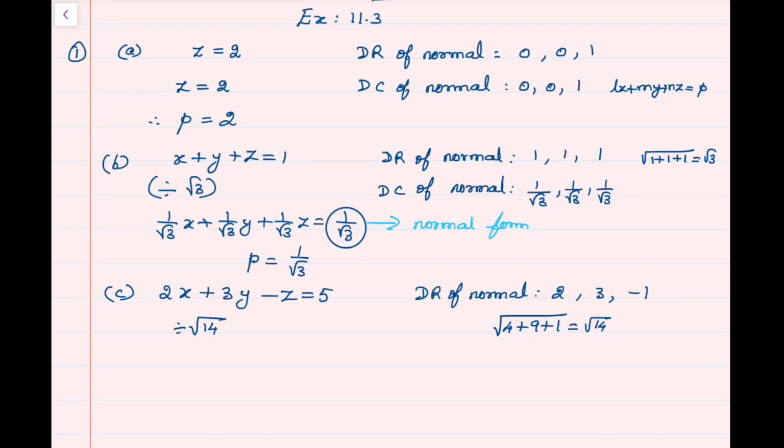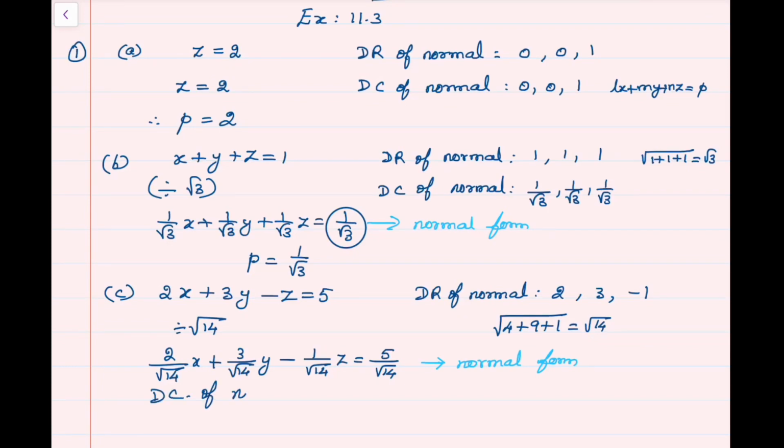Let us divide the whole equation by root 14. 2 divided by root 14 x plus 3 divided by root 14 y minus 1 divided by root 14 z is equal to 5 divided by root 14. Keep the constant term on the right hand side as a positive number. We have written this equation in normal form. Therefore, the dc's of the normal are 2 by root 14, 3 by root 14, minus 1 by root 14.